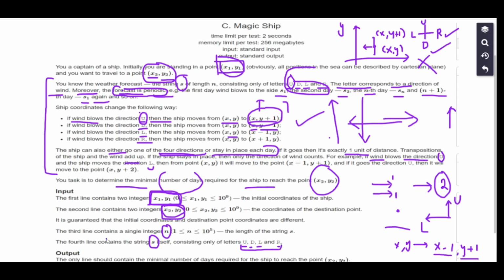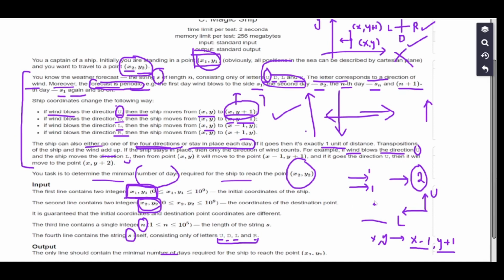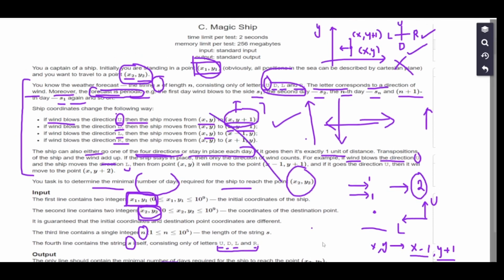In the output we just have to print a single integer representing the minimum number of days required for the ship to reach the destination point. Okay, so that's the problem statement.